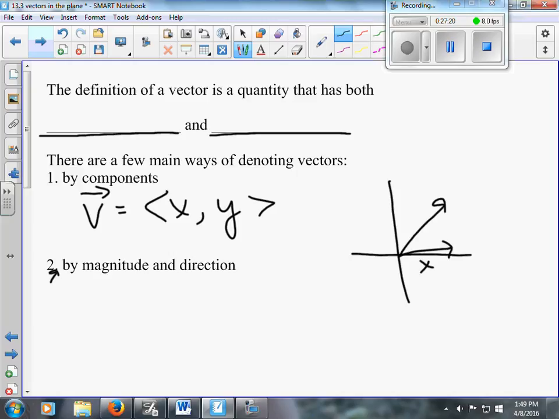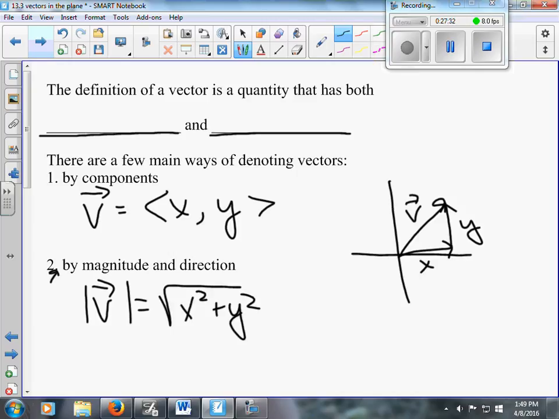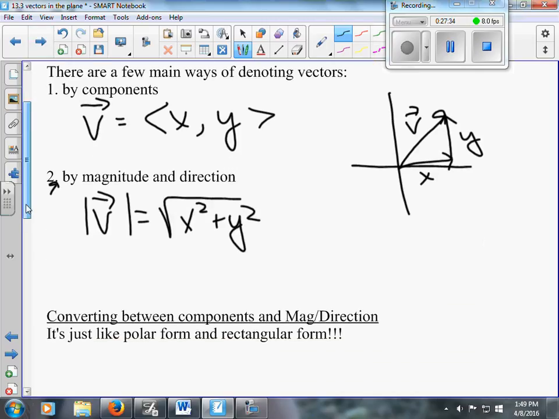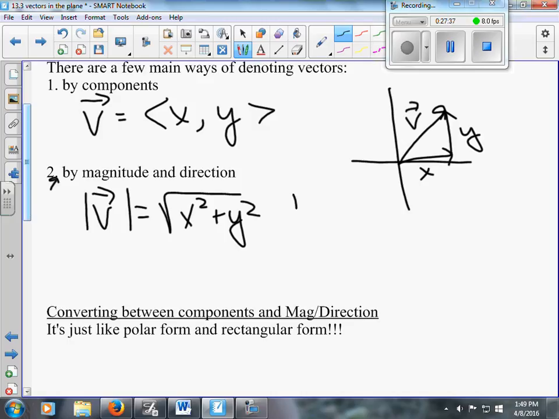Okay, so let's do some examples here. I know I'm taking a long time. All right, so what are the magnitude and direction? Well, the magnitude of A, this is just the Pythagorean theorem, the square root of 3 squared plus -3 squared, the square root of 9 plus 9, so that's the square root of 18, or 3 radical 2. So my magnitude is 3 radical 2, and my direction, well, the tangent of theta is y over x, -3 over 3, or -1.